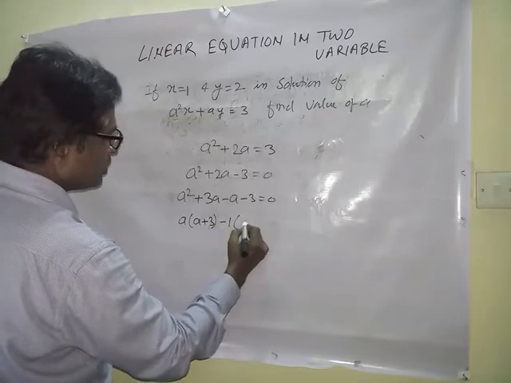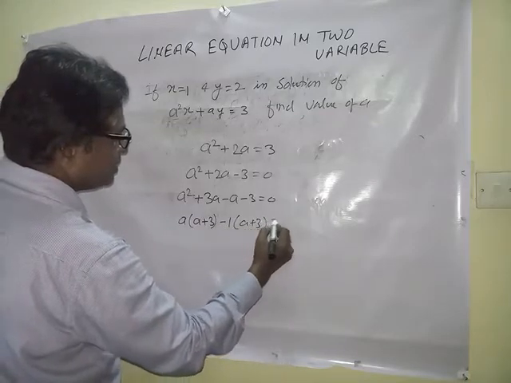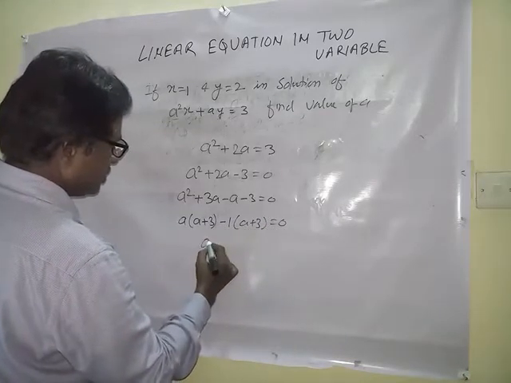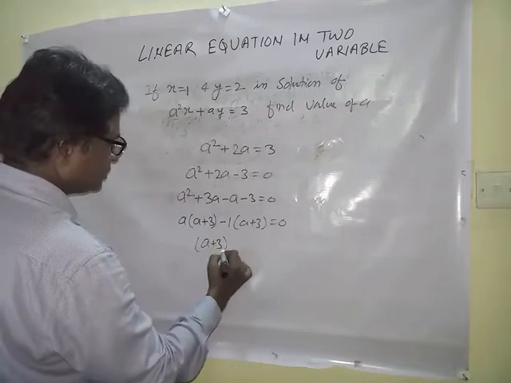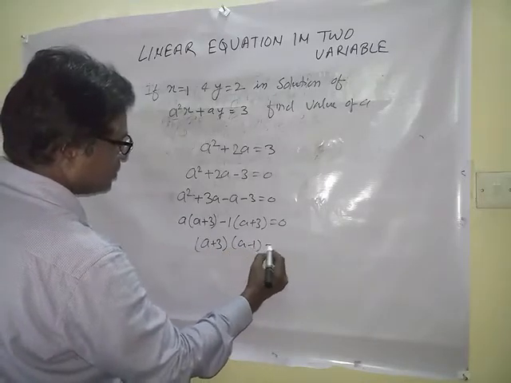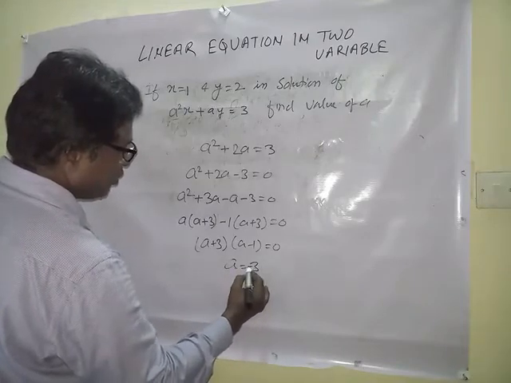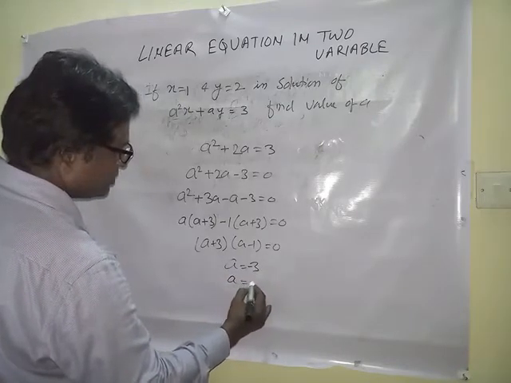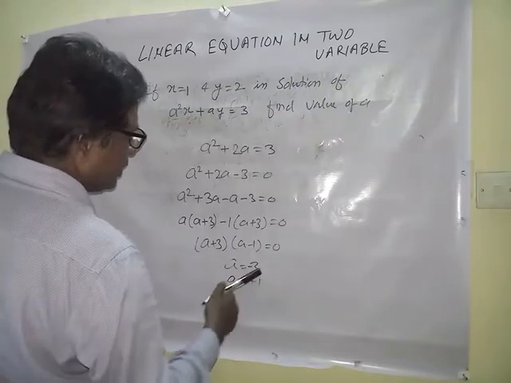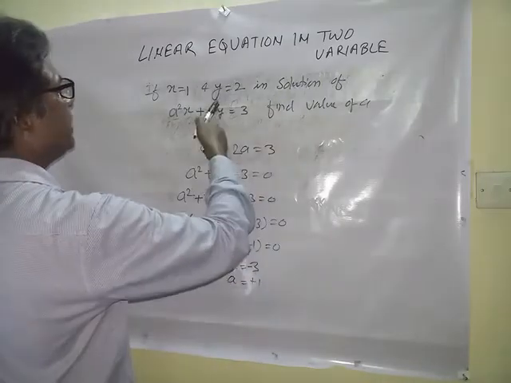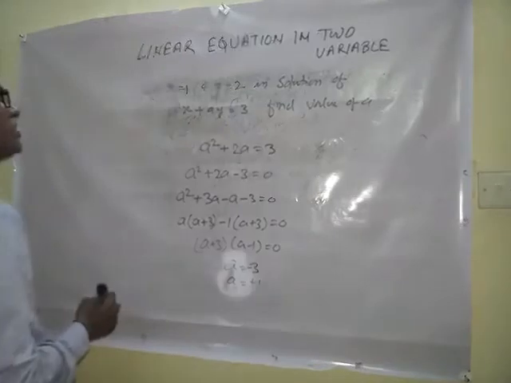Take minus 1 common, a plus 3 equal to 0. Take a plus 3 common, a minus 1 equal to 0. So a is equal to minus 3, or a is equal to plus 1. So either of these two values of a will satisfy this equation.